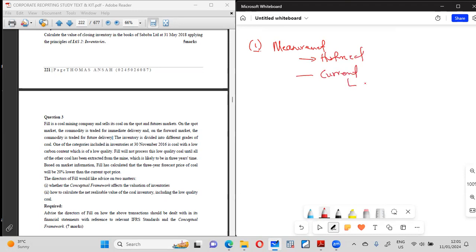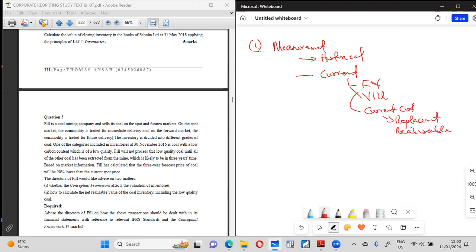And under the current, you remember we have fair value. You remember we have what? Value in use. And you remember we have what? What we call current value, current cost, which can be the replacement. And if the thing is going into liquidation, it is what? Realizable value, the net realizable value. So this is what the conceptual framework gives us.